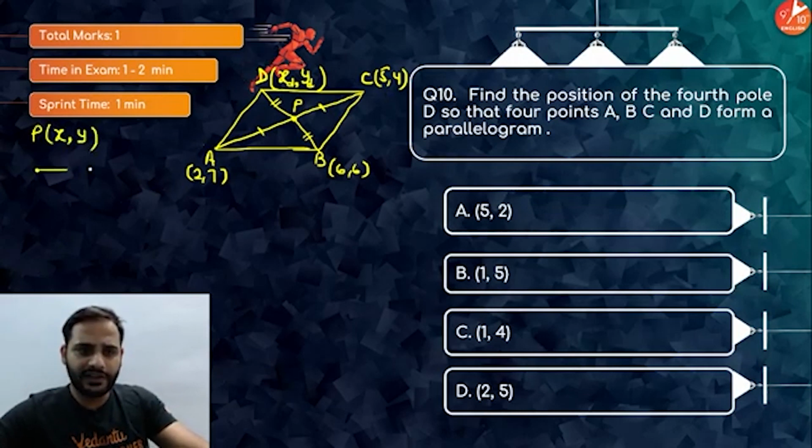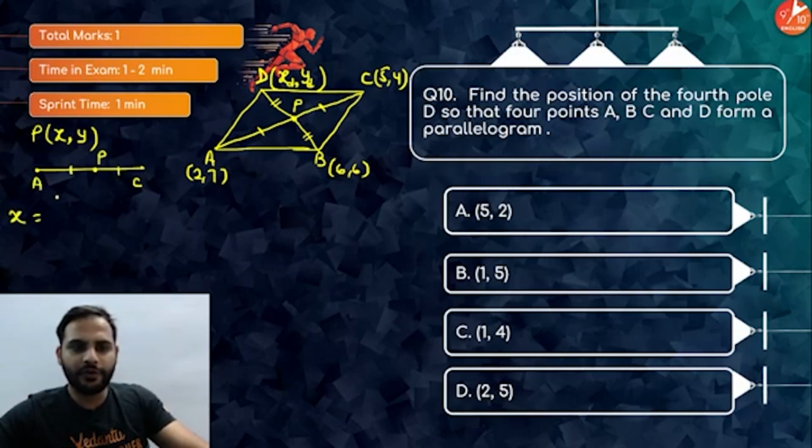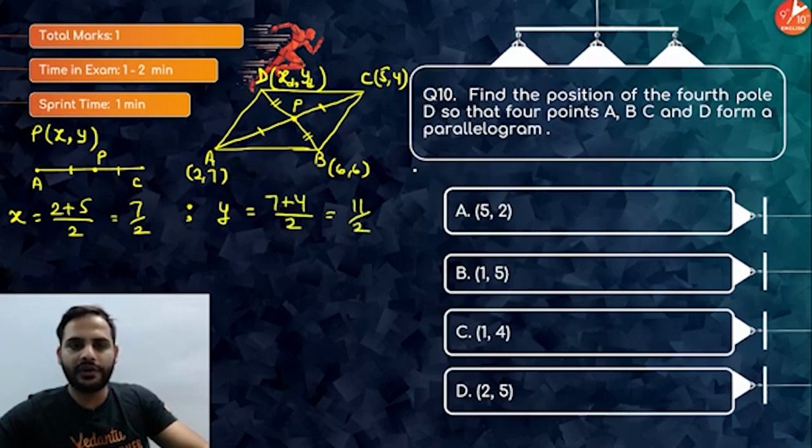So using the line AC, the x coordinate of point P will be (x1 plus x2) by 2, which is (2 plus 5) by 2, which is 7 by 2. And the y coordinate of point P will be (7 plus 4) by 2, which is equal to 11 by 2. So the coordinates of point P are 7 by 2 comma 11 by 2.